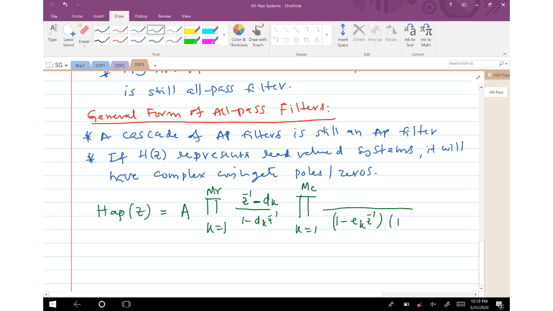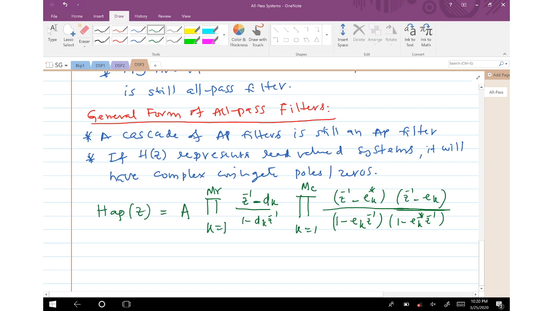If ek is there, ek conjugate also will be there, into z minus, that's in the denominator. In the numerator, z inverse minus ek conjugate, that corresponds to the first one in the denominator, ek conjugate, and the other one will be z inverse minus ek, right?